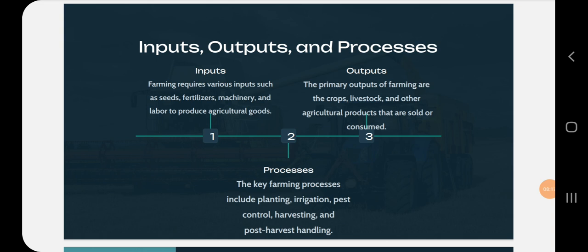The key farming processes include planting, irrigation, pest control, harvesting, and post-harvesting handling. An example of processes is milking the cows. Outputs. The primary outputs of farming are the crops, livestock, and other agricultural products that are sold or consumed. So, the farm sells milk from cows.